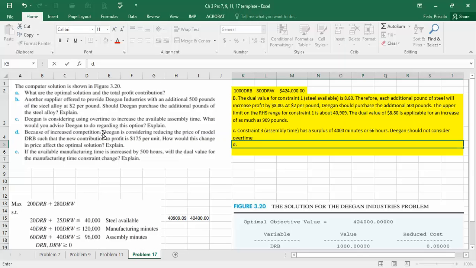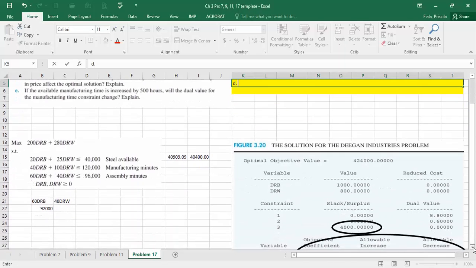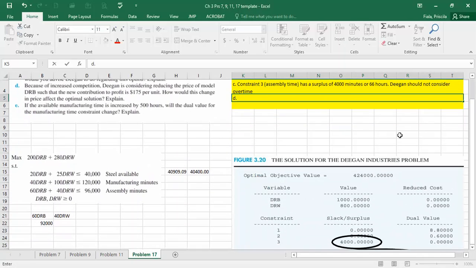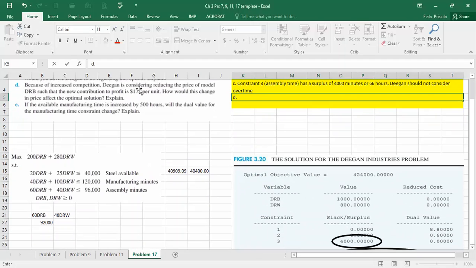Because of increased competition, Diggins considered reducing the price of model DRB, which I believe I mentioned before, such that the new contribution to profit now is $1.75 per unit. How would this change in price affect the optimal solution? Well, to learn the answer, we're talking about a decrease, correct?